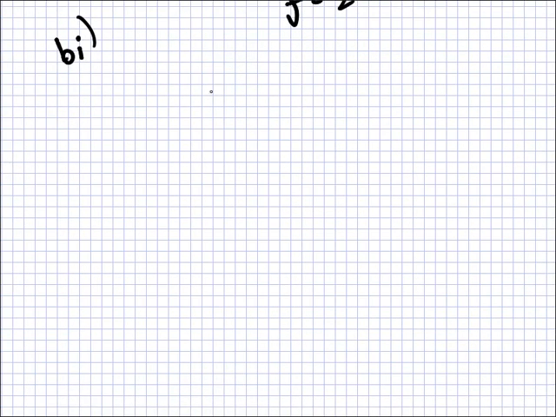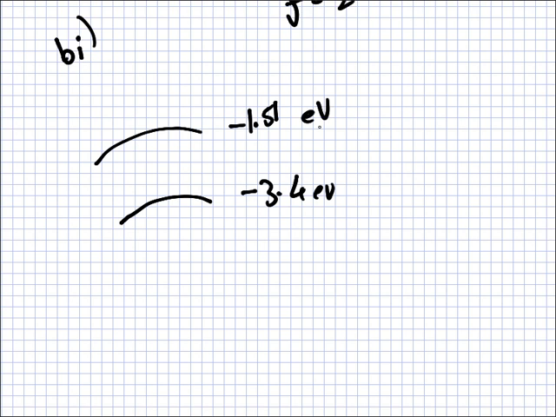Okay. B part 1. So the energy here is in state 2, which has minus 3.4 electron volts, and it moves up to state 3, which is minus 1.51 electron volts. What is the frequency of the light?